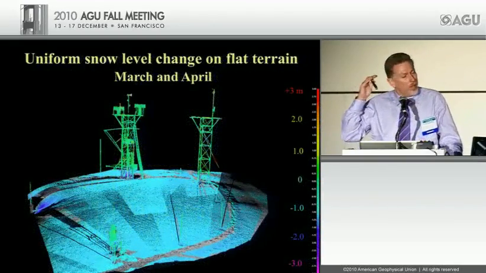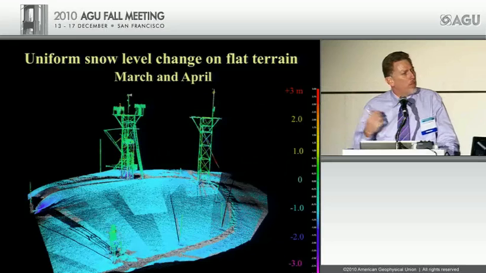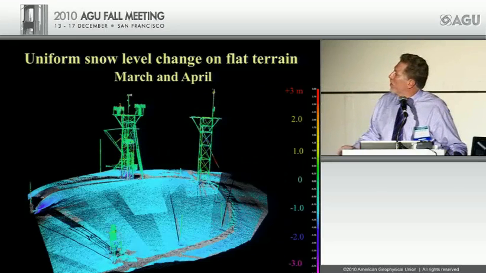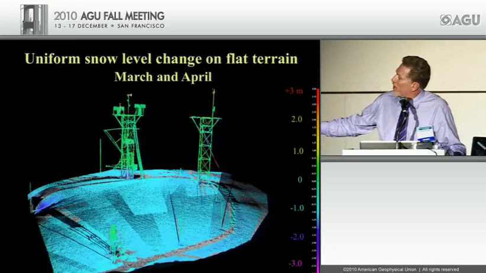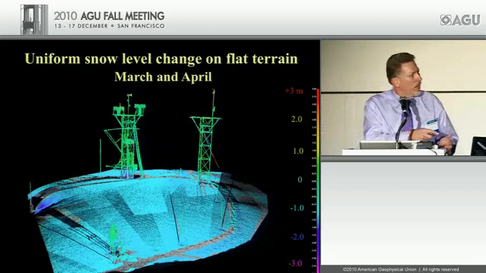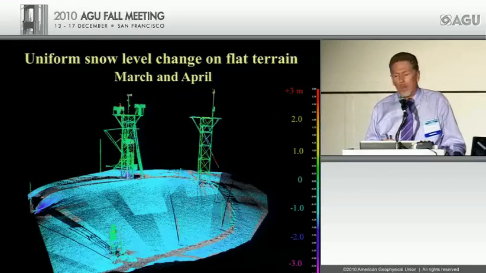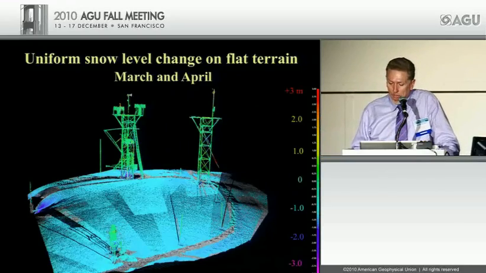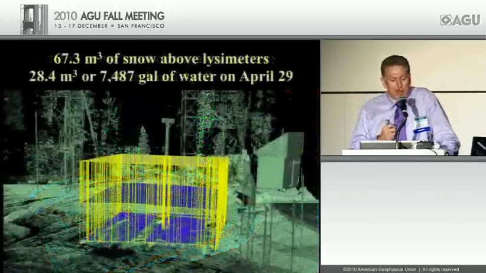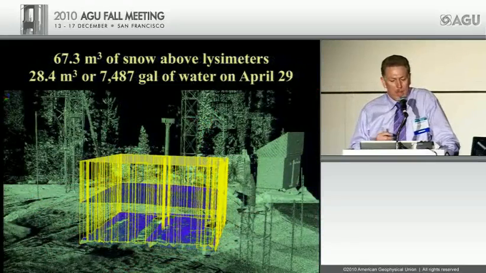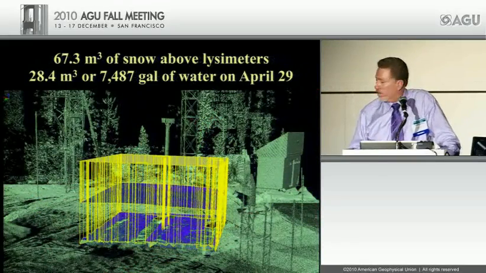So I differenced the March to April data and found almost a uniform meter worth of snow melt during that time period, with the exception of off to the left on either side where you see dark blue. It's an area with a south-facing slope, and we might be getting a little more solar radiation in there. In this time period we had 28.4 cubic meters of water, or about 7,400 gallons.